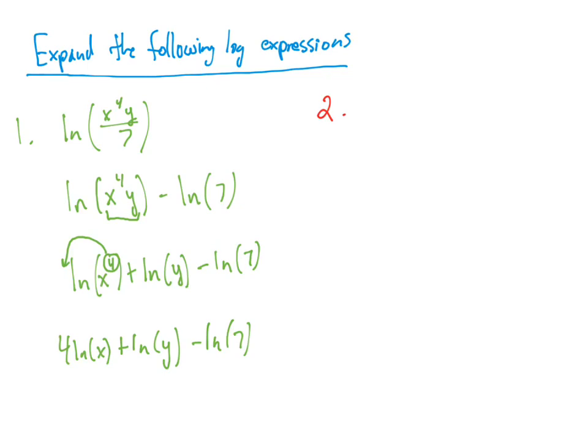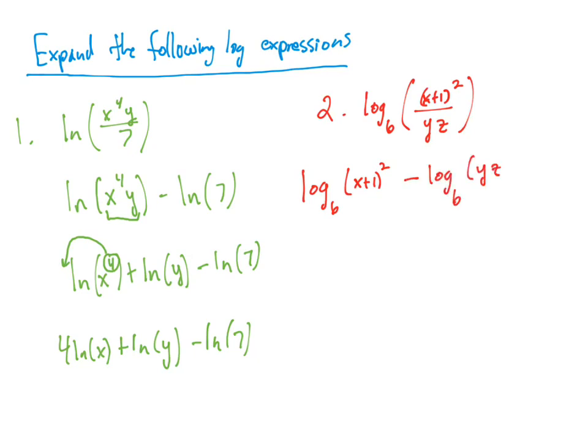Our next one, we have log base 6 of x plus 1 quantity squared divided by y times z. Again, I'll handle the quotient first. So log base 6 of x plus 1 squared minus log base 6 of yz.